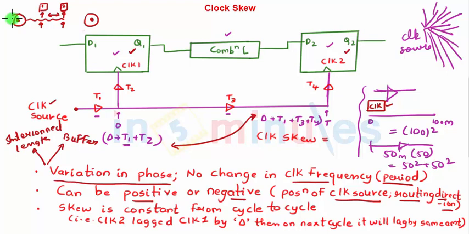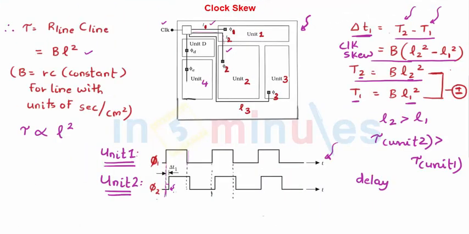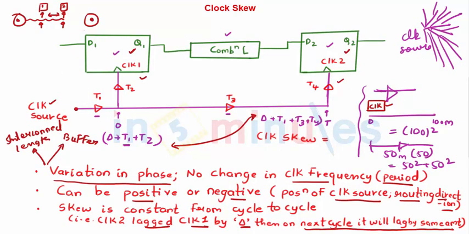In simple words, if clock 2 has lagged clock 1 by delta in the first clock cycle, then in all the next cycles it will lag by the same amount. This can be easily seen from this waveform also. There is no alteration in the lag from the first cycle to the second, to the nth cycle, which says that clock skew is constant from cycle to cycle.